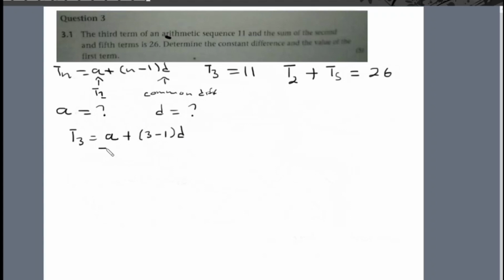So sizoba no a plus 3 minus 1 is 2 times d, 2d, right? But then T3 is equals to 11. So la kuno T3 corner, we can just substitute 11, right? So this is our first equation, right?